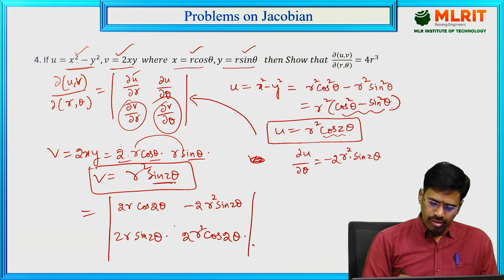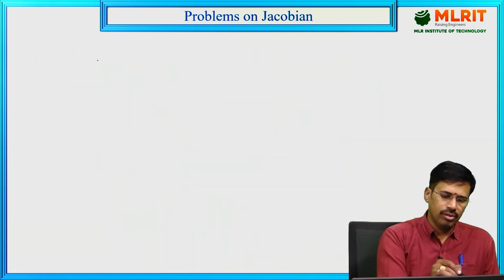So determinant of this is 2r into 2r square, that is 4r cube cos square 2 theta. So this is 4r cube into cos square 2 theta.